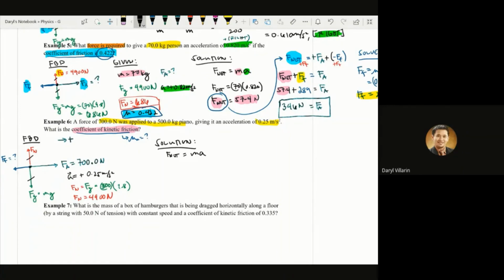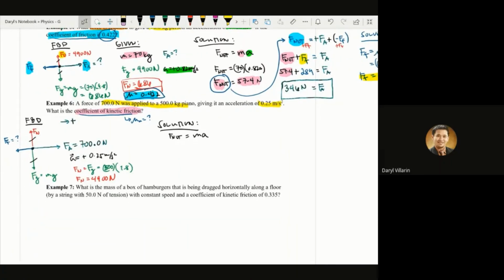In our case, the acceleration happens along the x, just along the horizontal motion of your object. Because for the vertical, that's why we can say the normal force is equivalent to Fg. We can say that because the net force along y is equal to 0. So it must be that the magnitude of your normal force and the weight are equivalent.